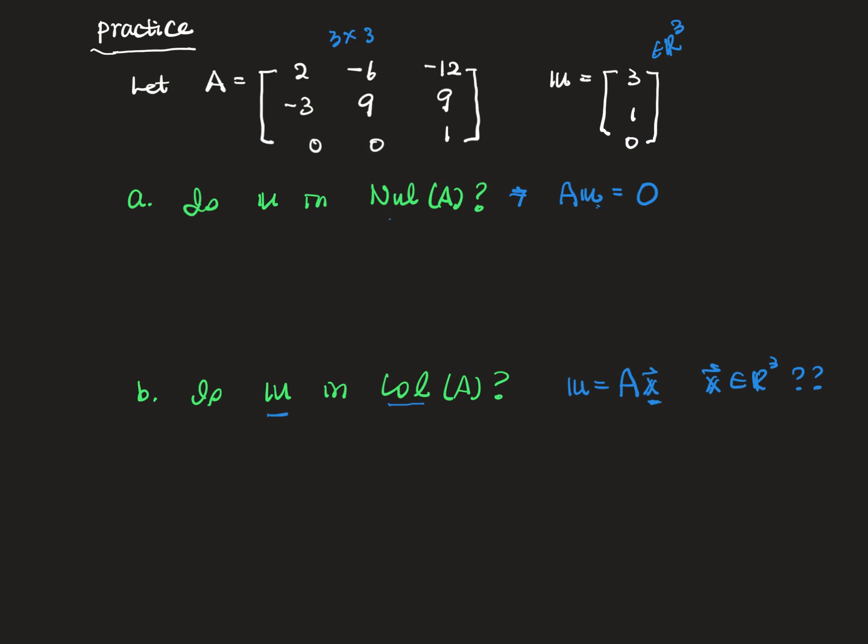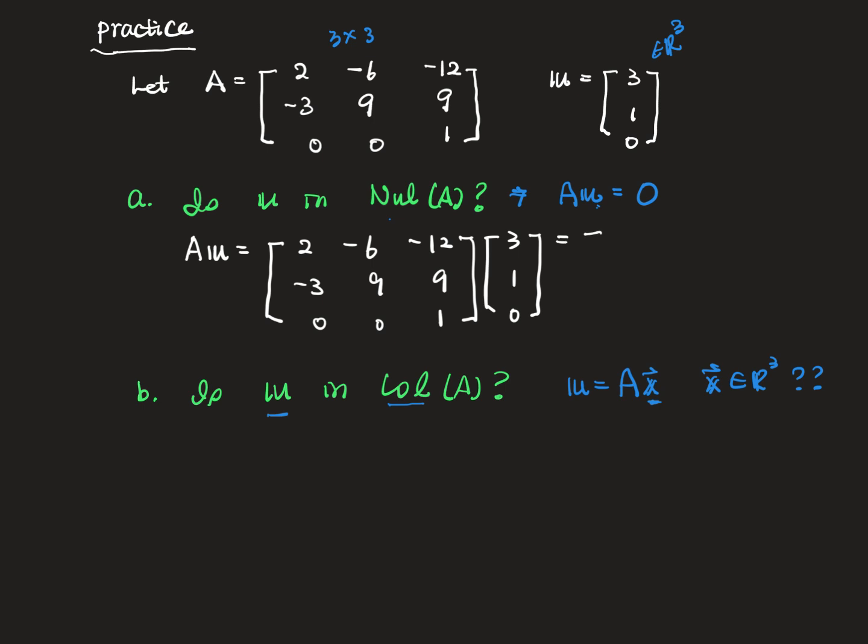Welcome back, everyone. Let's check whether AU is going to be 0 or not. Let's go here, matrix multiplication. Vector U is going to be 3, 1, 0.